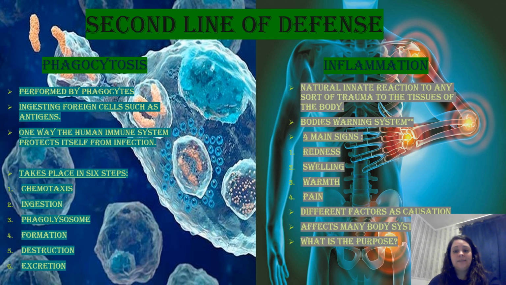There's 4 main signs of inflammation. That's going to be redness, swelling of the location. It's going to feel warm or really hot to the touch, and you're going to feel pain. There's different factors as causation, and it can affect many different body systems, and we're going to discuss and go over what the purpose of it is.